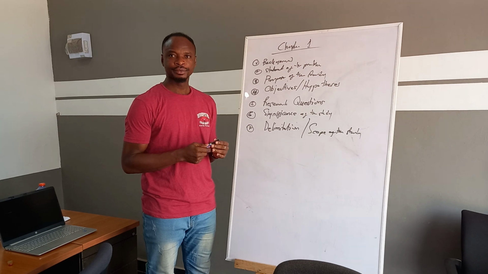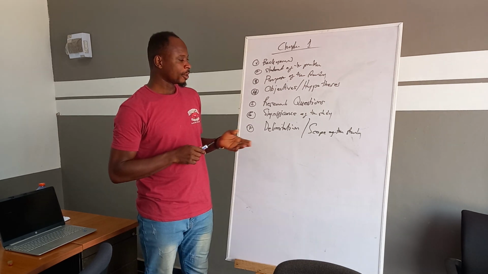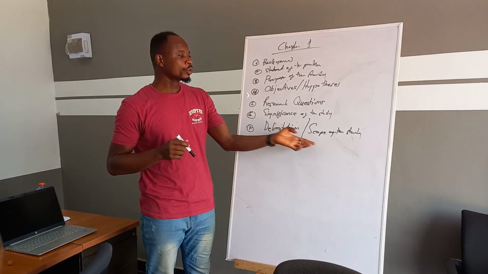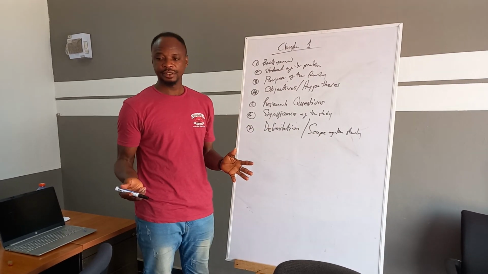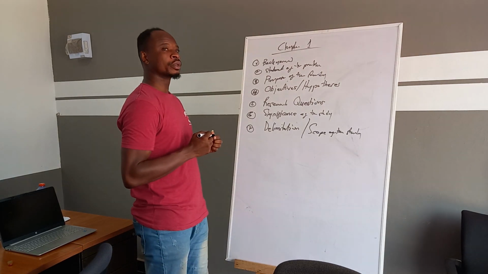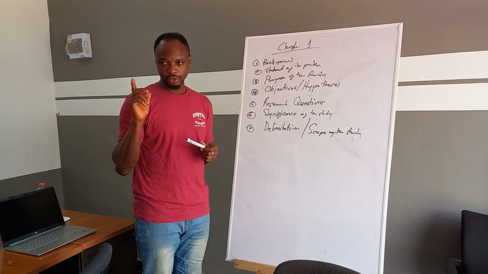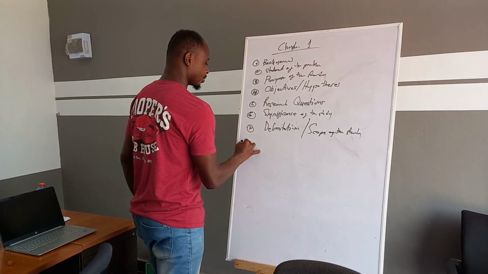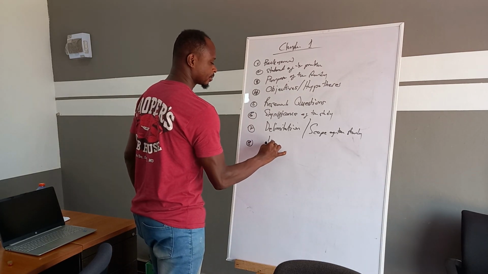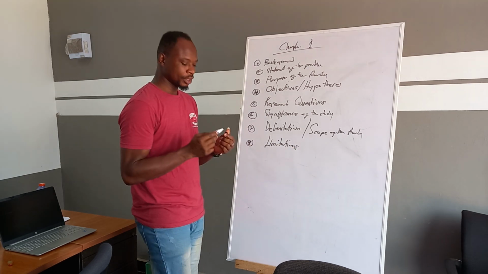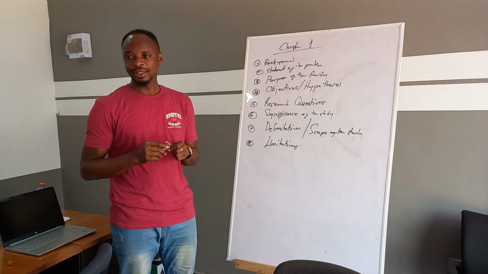With the delimitation, some people also call it scope of the study. After that, this is contestable. What I'm going to talk about is contestable. Some people say that you have to bring what we call your limitations of the study at this section.